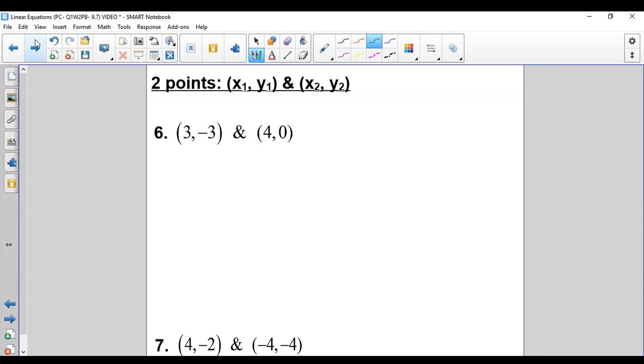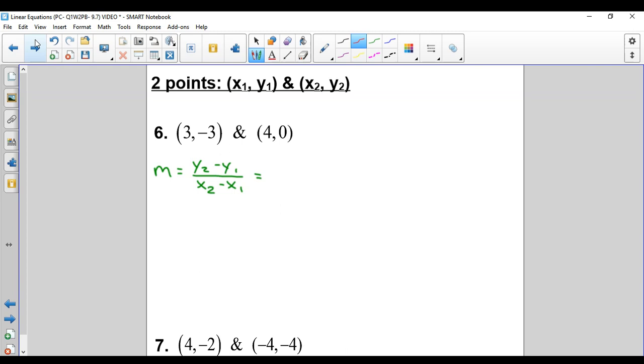we have writing equations from 2 points. I'm only going to go through 1 in the video, but I'll show 2 in the notes. So we have to find our slope first. So our slope formula was this: difference in the y's over the difference in the x's. So it doesn't matter which one's x1, y1, x2, y2. That's up to you.